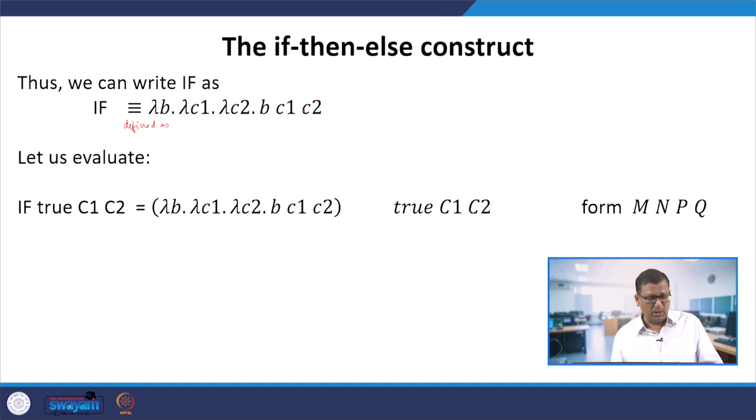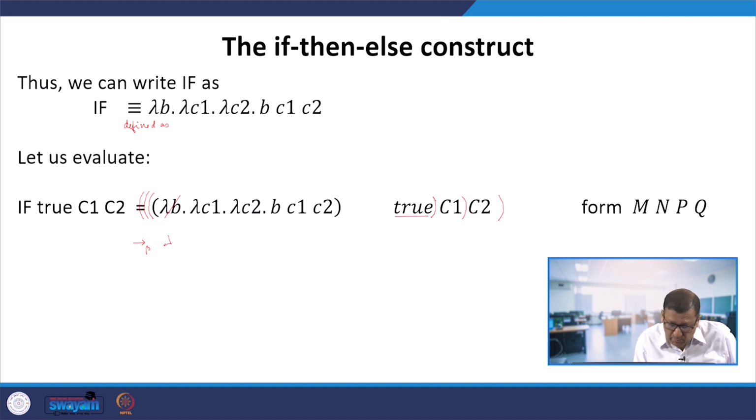Now we have to see whether it will evaluate correctly to what we want. So if true c1 c2. We are passing c1 c2, so this will be true c1 c2, and we will parenthesize them. Now by beta reduction, first the b will be consumed with true.